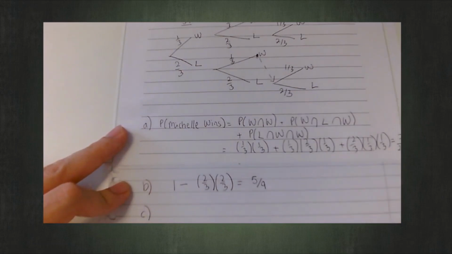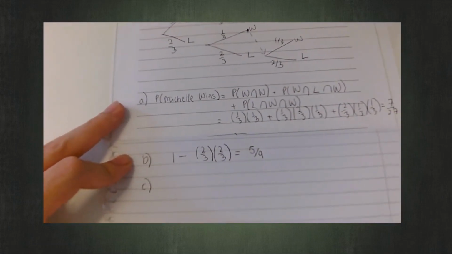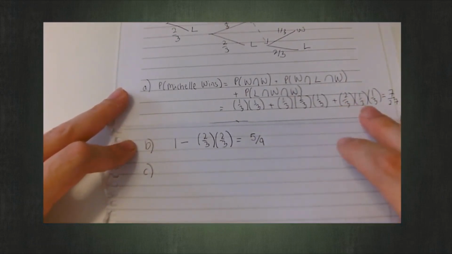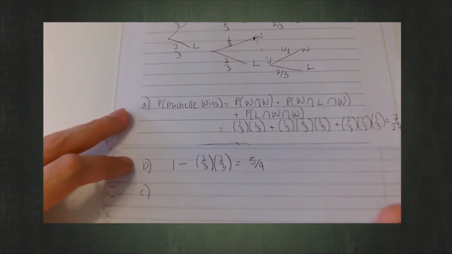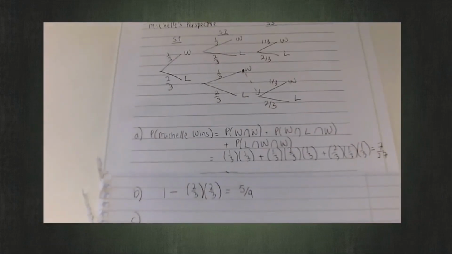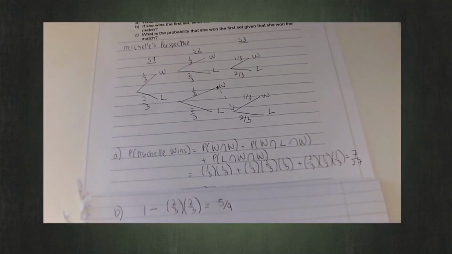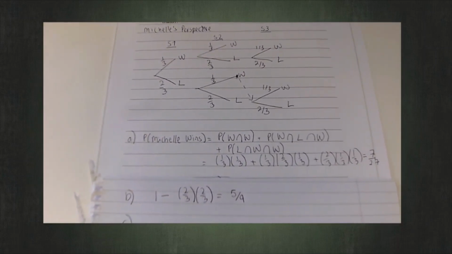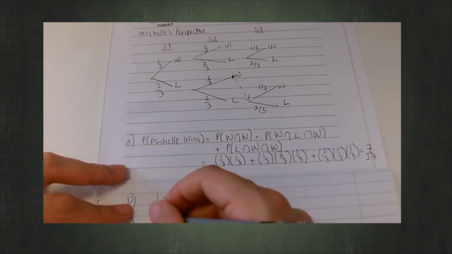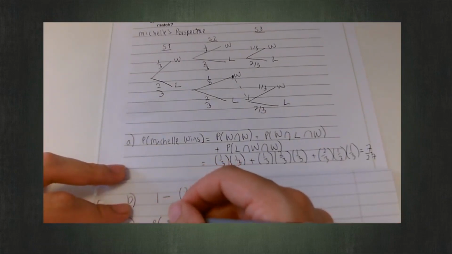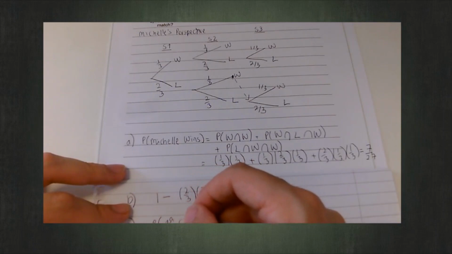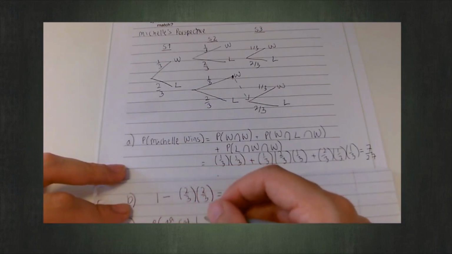Now part C, we've got a situation where you've got conditional probability. The question's asking, what is the probability that she won the first set given that she won the match? So what's the probability that she won the first set given that she's won the match?